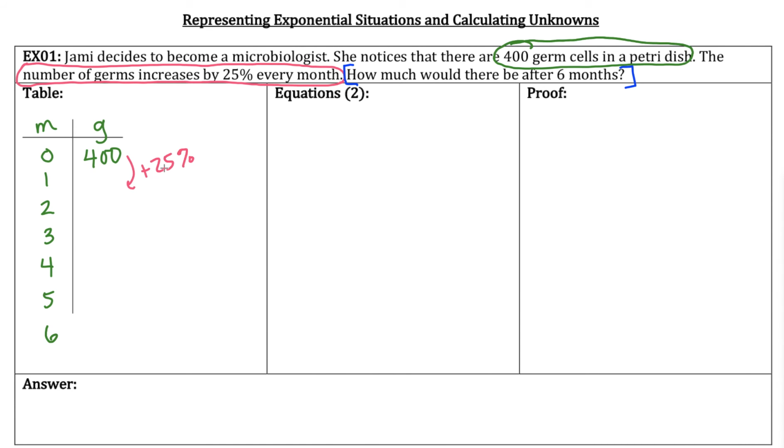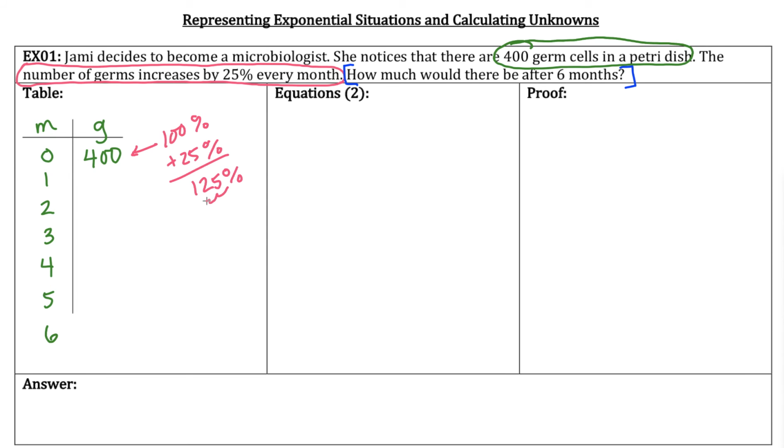If we add 25%, I want you to think about it. This is all of what we have, this is already 100%, and then we're going to add 25%. So in reality, we're trying to calculate 125%.